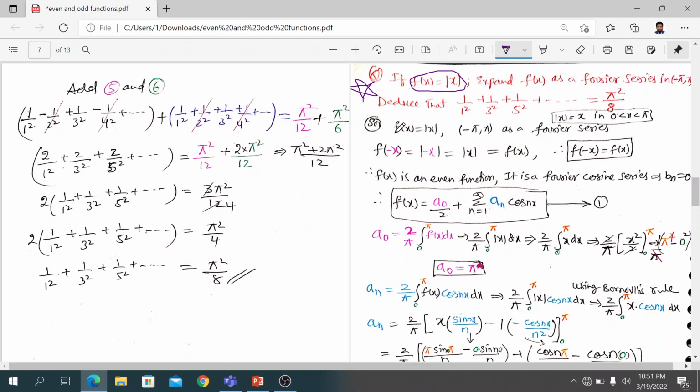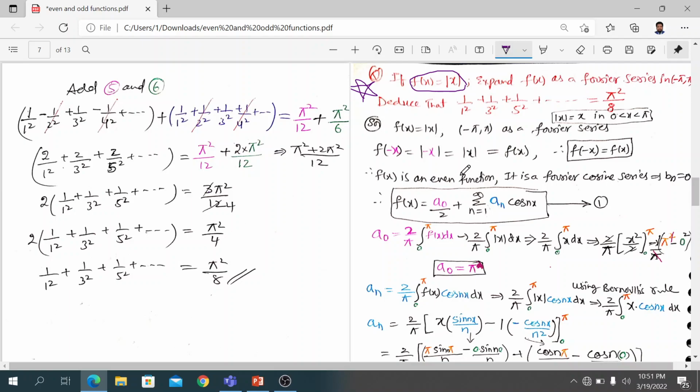Now see here, f of x is equal to mod x between minus pi to pi as a Fourier series. Mod x between 0 to pi. Now check whether it is even or odd. F of minus x is mod of minus x, that is mod x, that is f of x. So f of minus x is equal to f of x.